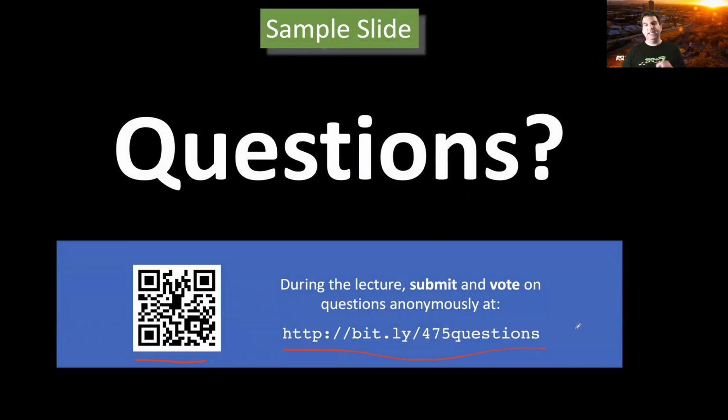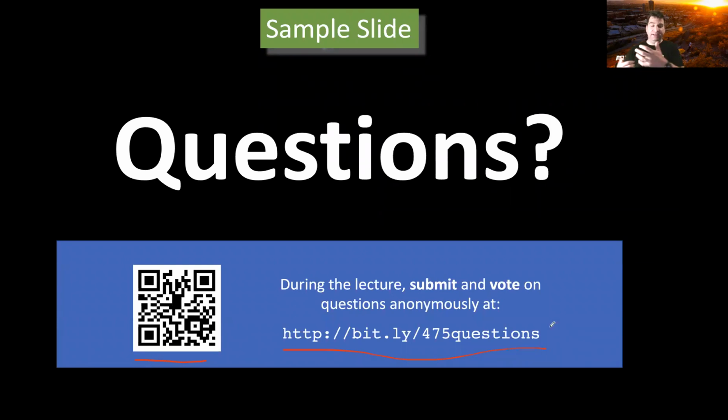If you visit that URL, or scan this QR code with your phone or other mobile device, it'll bring you to a page where you can anonymously submit questions related to the lecture material.